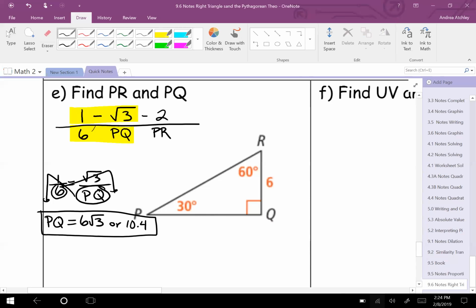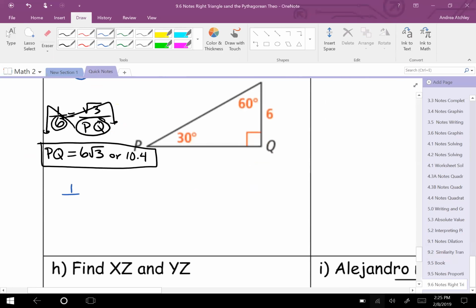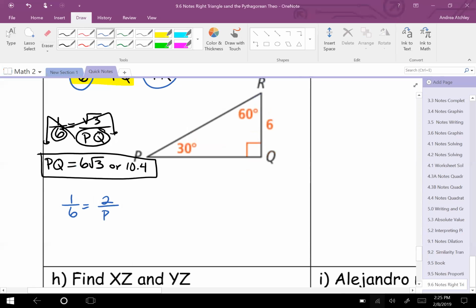Now I can do the same thing and find PR. The one with just 6 equals 2 over PR. And cross multiply times 2 for that. We're good?